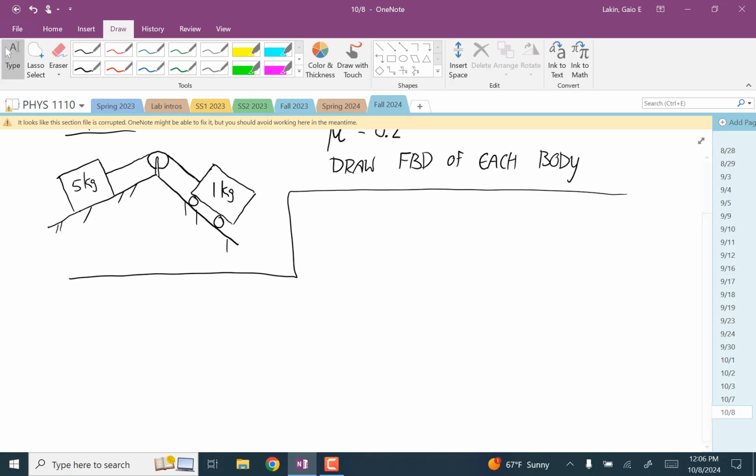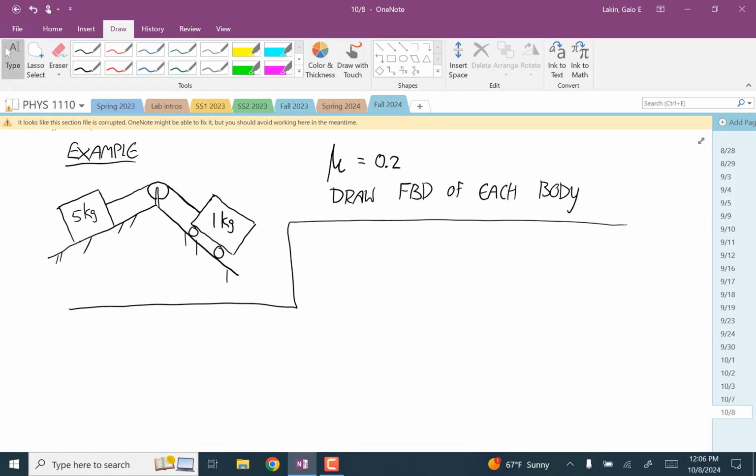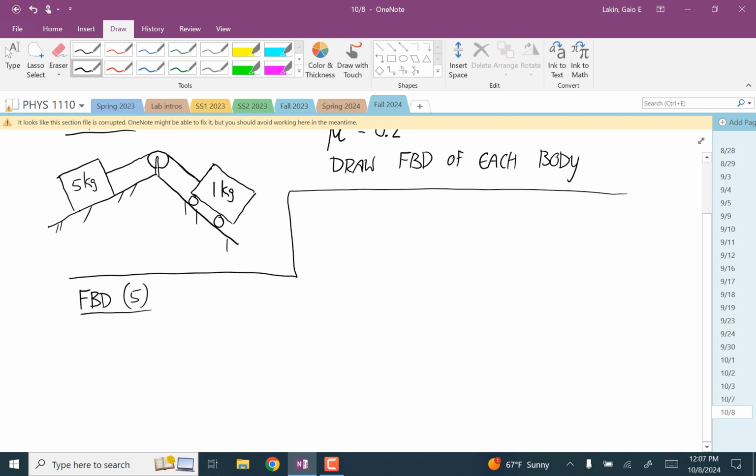Okay, well, I'm going to start with the 5 kilogram. So I'm going to draw it at the angle that it's at.